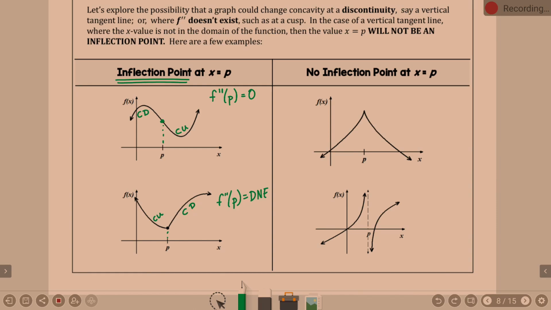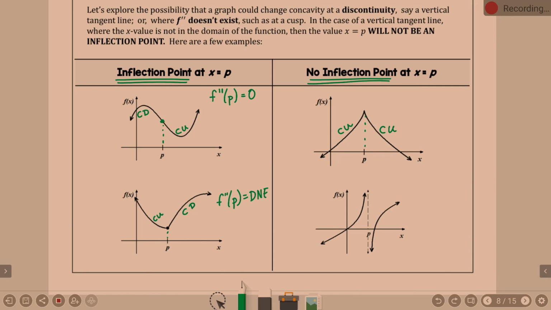Now, over here, these are some cases of no inflection points. For instance, on this one, notice the left side is curved up, so it's concave up. What about the right side? It's also curved up, concave up. So at P we can't talk inflection point because the concavity doesn't change.